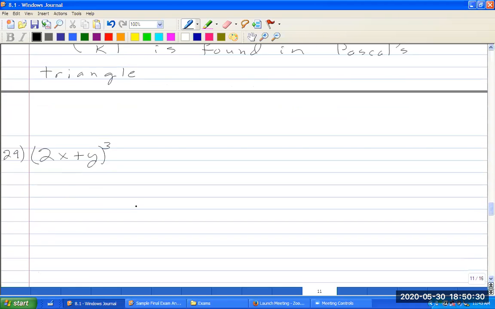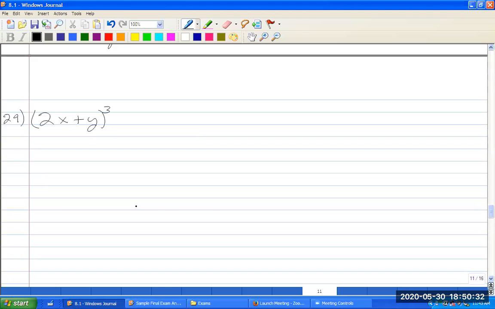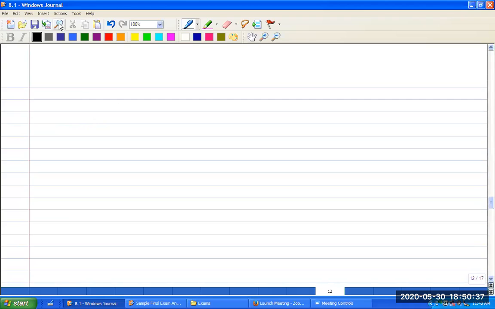Okay, so I want to go all the way up to 5. So let's do Pascal's triangle. 1; 1, 1; 1, 2, 1; 1, 3, 3, 1; 1, 4, 6, 4, 1; 1, 5, 10, 10, 5, 1.